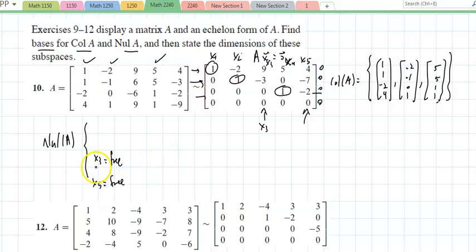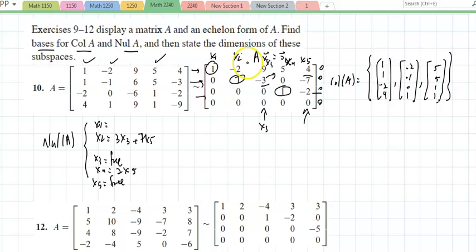So x4 is 2x5, and x2 is 3x3 plus 7x5, and x1 is, oh wait, I gotta work that one out.